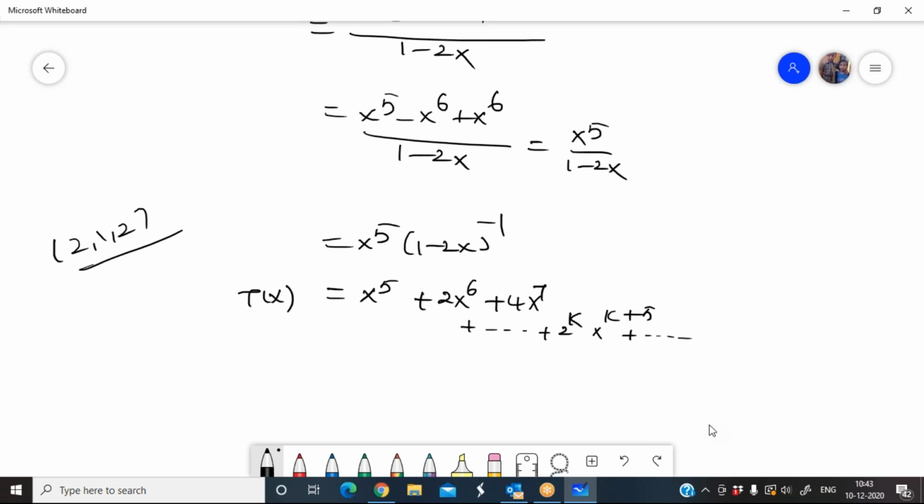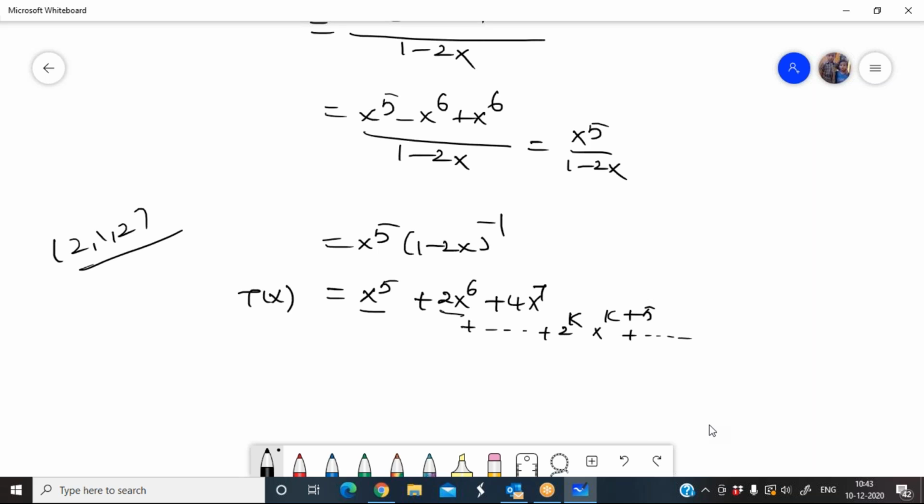Given the 2, 1, 2 convolutional encoder, like that you have to complete the problem. Finally, one point I want to say: with this equation you can see 1 into x^5, an important point, 2 into x^6, 4 into x^7 and so on.